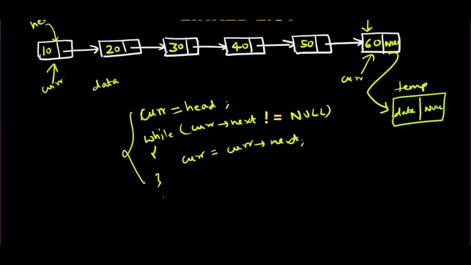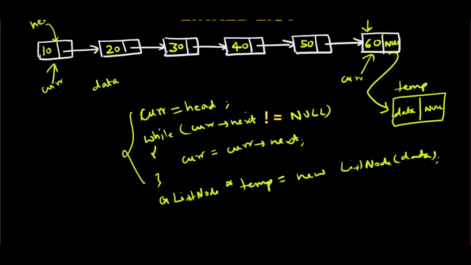So we'll first create the node. Let's suppose list node or whatever they have initialized, list node pointer temp in C++ equals new list node with data.